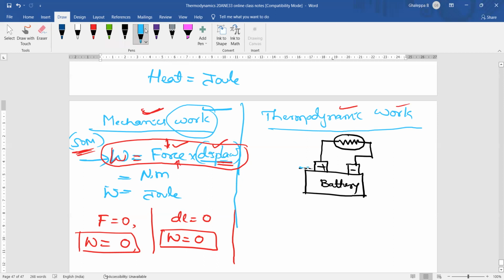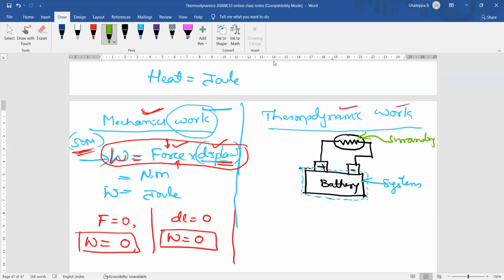Battery is the system. This is the system. Anything outside the system, what do you call it? Surrounding. So the resistor, the bulb, you call it the surrounding. And the battery cover is the boundary. Some layer will be there, a plastic layer. So that is the boundary.